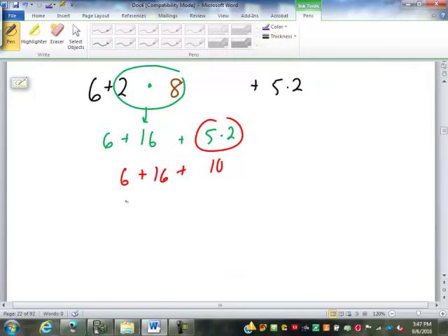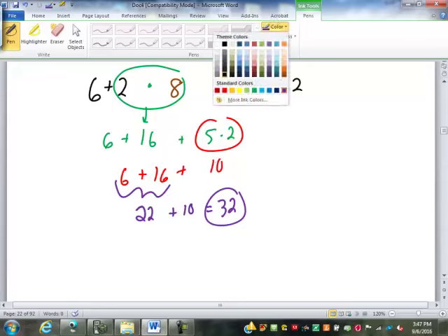So 6 plus 16 is 22. 22 plus 10 is 32. Perfect. Now I realize those of you at the far sites didn't have much time to do that because it didn't come up, but anybody have 32 for an answer? Okay. It's a start.